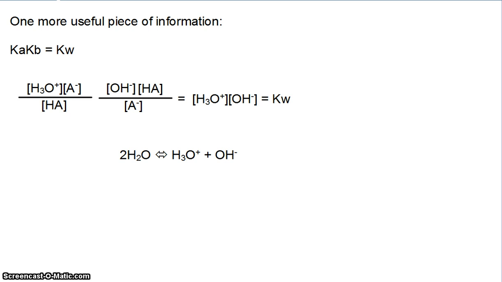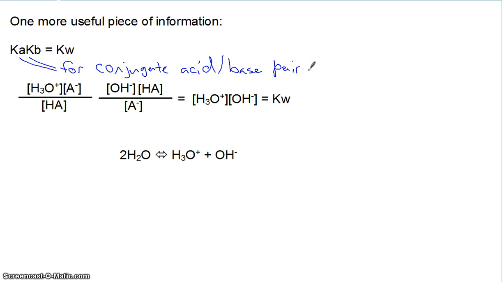This is just some additional notes. This is really important: when you have a conjugate acid-base pair, if you know the Ka for the acid, you automatically know the Kb for the base, because they always are mathematically related to each other by what the K of water is, and K of water is 1 times 10 to the negative 14th.